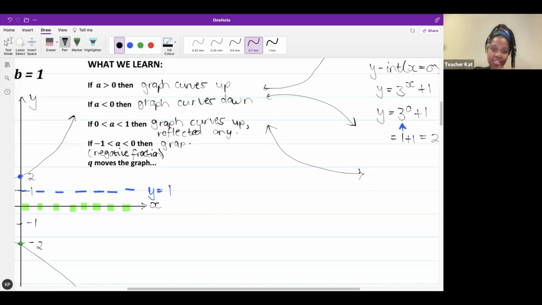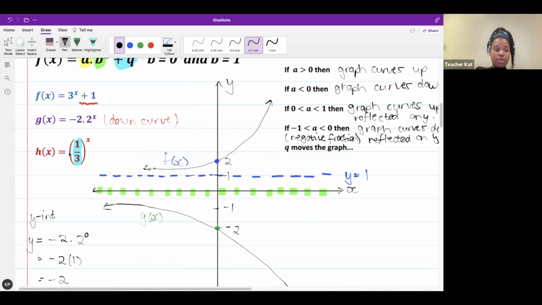But it will be flipped. Nice. So it curves down, but it also is reflected on y. So then instead of going that way, it will go that way. All right.